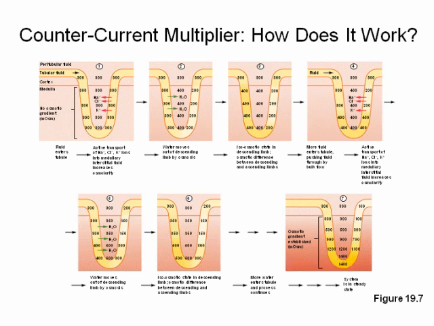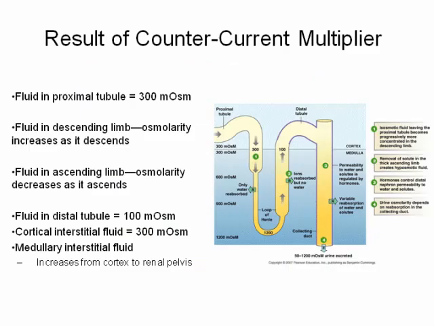And of course, as I said before, this helps to really concentrate solutes here, which is going to help the removal of solutes in the ascending limb of the loop of Henle. So the result of the countercurrent multiplier is that we started out with our fluid entering the loop, coming through the proximal tubule at 300 milliosmoles. As the fluid enters the descending limb, the osmolarity increases as it descends.